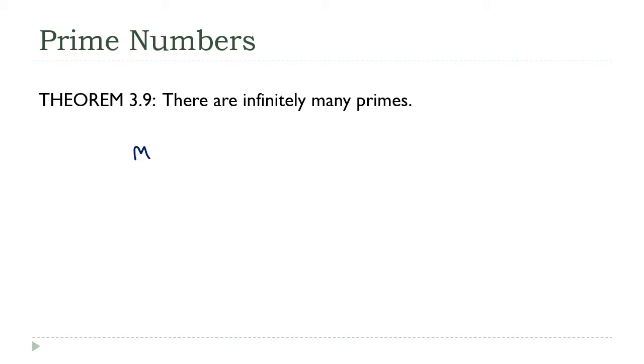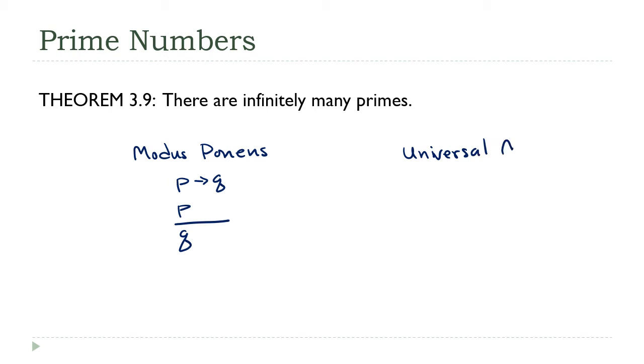They've been based on a combination of the argument for the rule of inference called modus ponens. That one is P implies Q and P, therefore Q. So if we know this conditional statement is true, and we know that the premise is true, then the conclusion follows. We've also used variations on universal modus ponens and its cousin, universal instantiation.